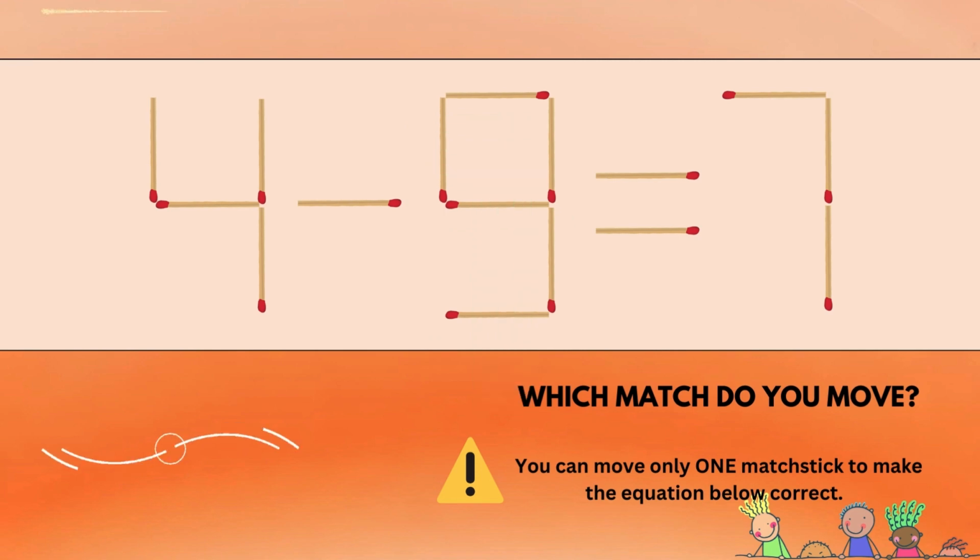The matchstick that needs to be moved is the top left vertical matchstick in the 9. Shift it over to the minus sign to make it a plus sign. Now you've got 4 plus 3 equals 7, and voila, you've corrected the equation.